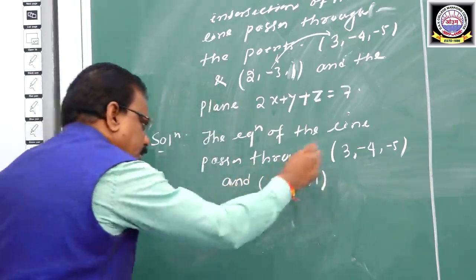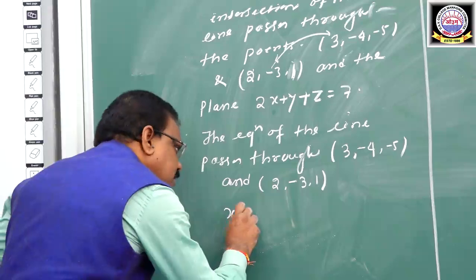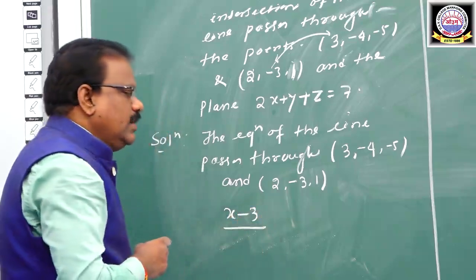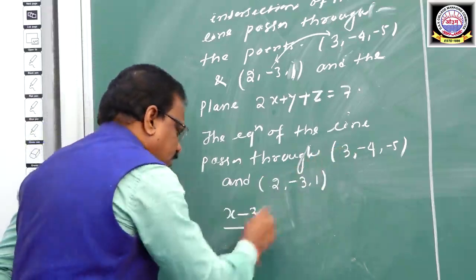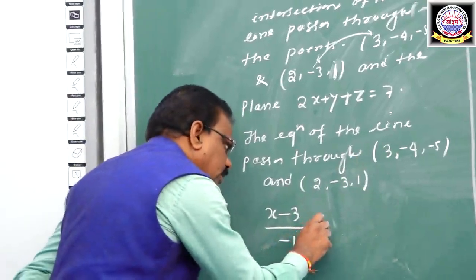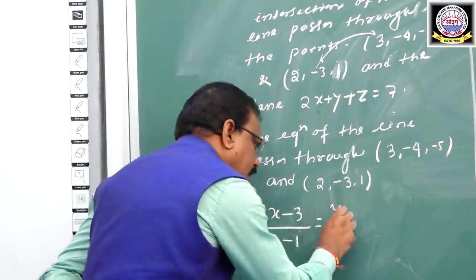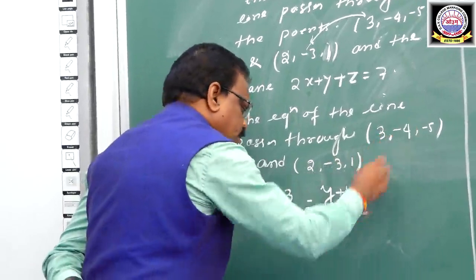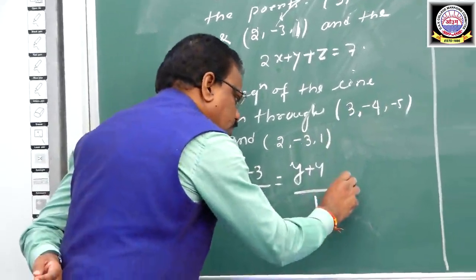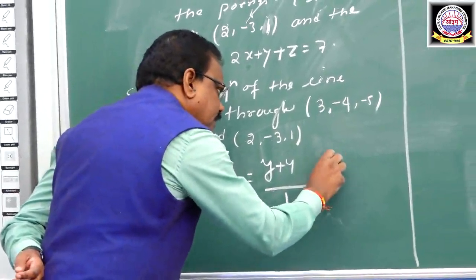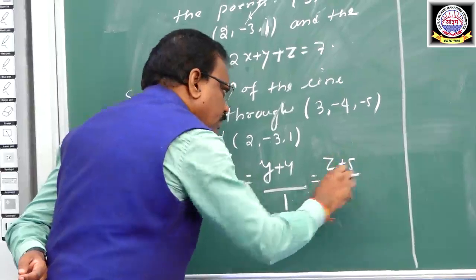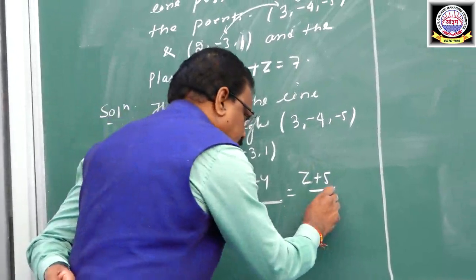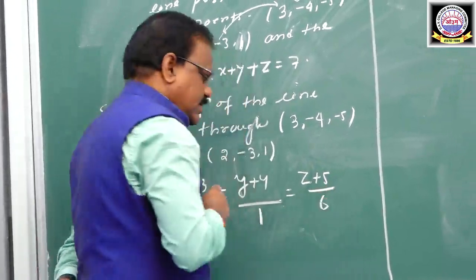So what should the equation be? x minus 3 divided by x2 minus x1, 2 minus 3, that is -1, is equal to y plus 4 divided by -3 plus 4, which becomes 1, then z plus 5 divided by 1 minus of -5, which becomes 6.